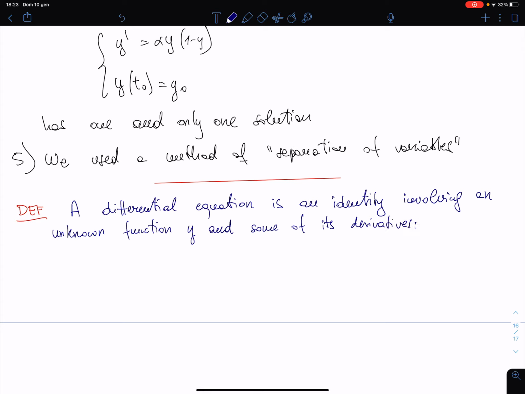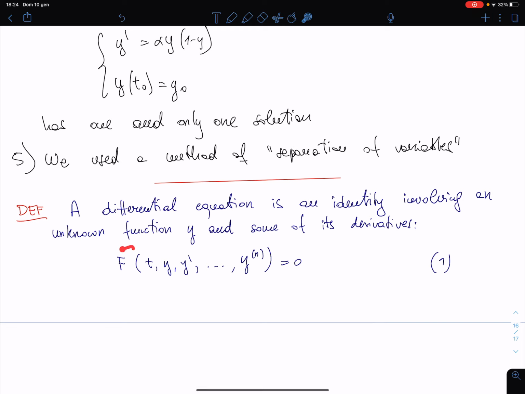So f of t, y, y prime, up to y^(n), the nth derivative, is equal to 0. Let me call this equation 1.